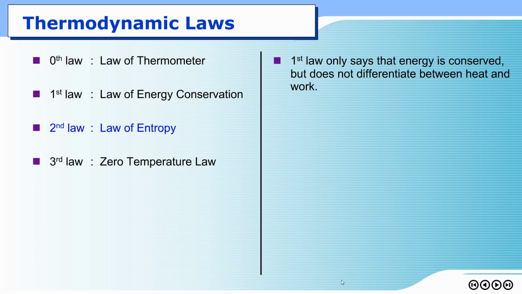In the eye of the first law, energy is conserved and heat and work are essentially equivalent. You can transfer 10 joules out of the system as heat, or you can transfer 10 joules out of the system as work. The result would be the same. The system would have 10 joules lower in energy.